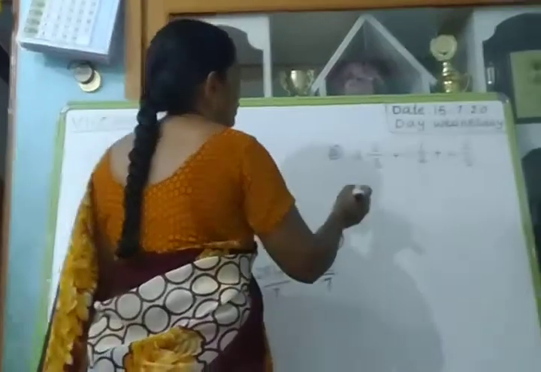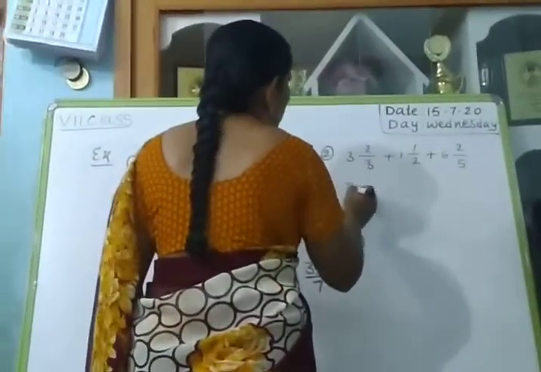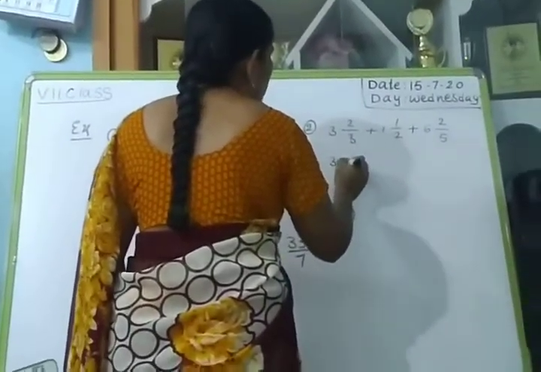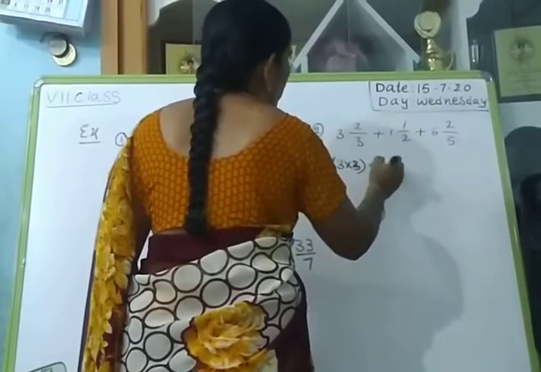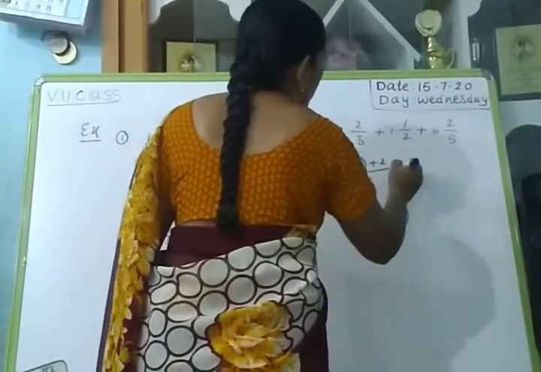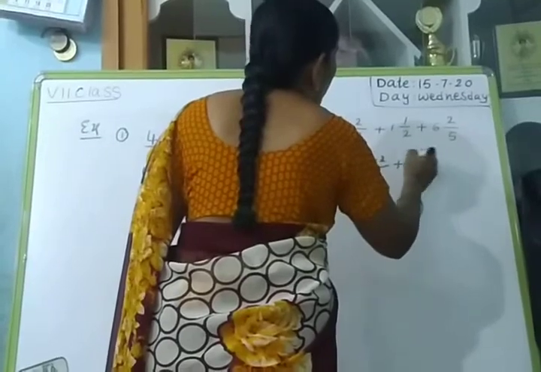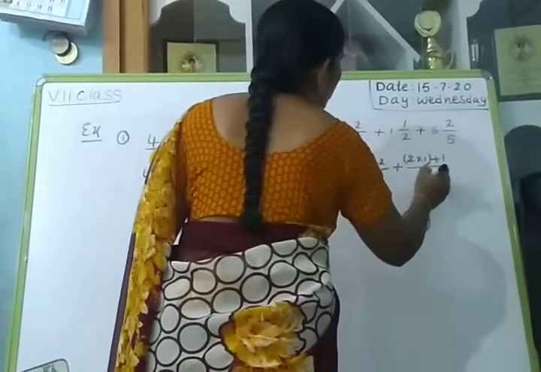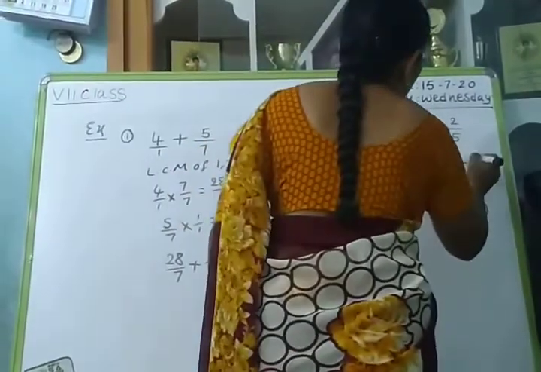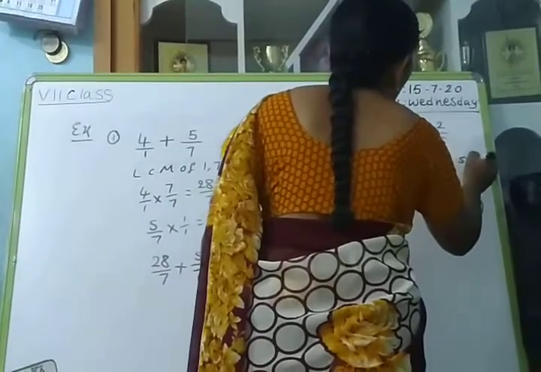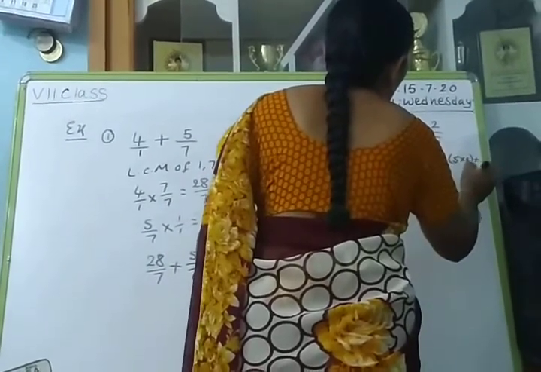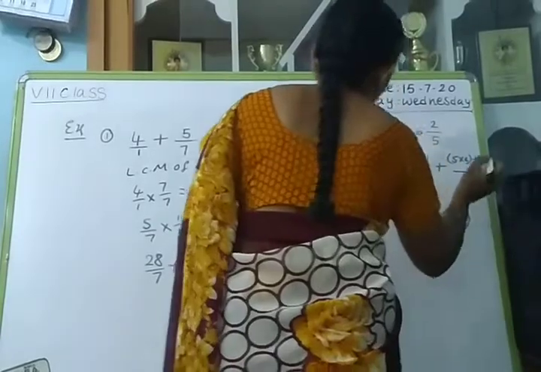We have to convert them into improper fractions. Already we know this method. 3 into 3 plus 2 by 3, 2 into 1 plus 1 by 2, plus 5 into 6 plus 2 by 5.